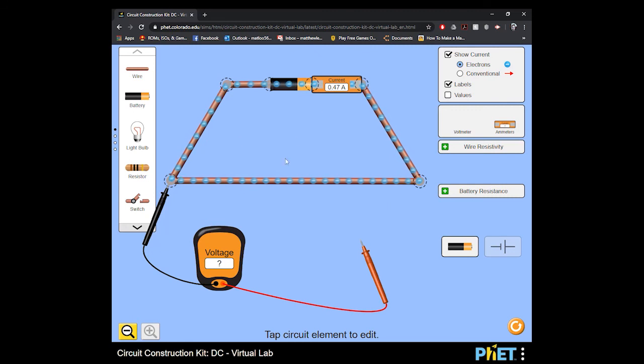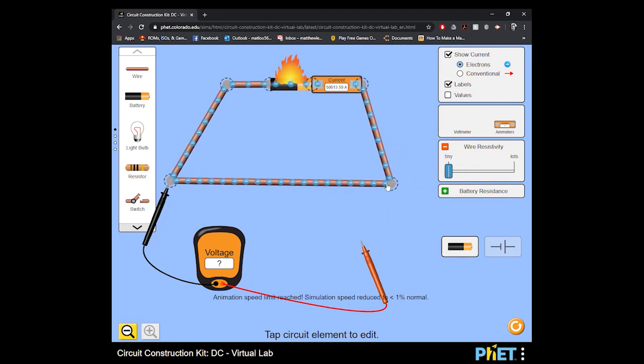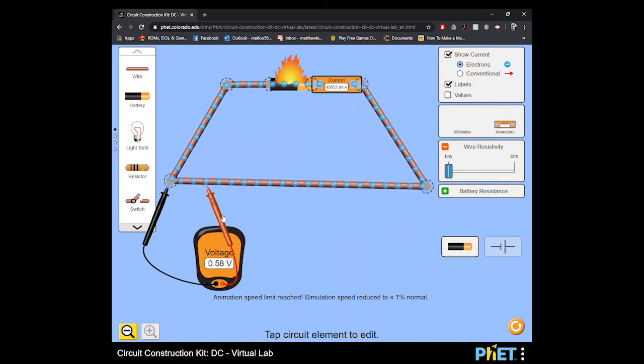For most of the experiments that we do on here, we turn wire resistivity all the way down to tiny, which basically means it's 0. So here we don't need to worry so much about the resistance of that wire.